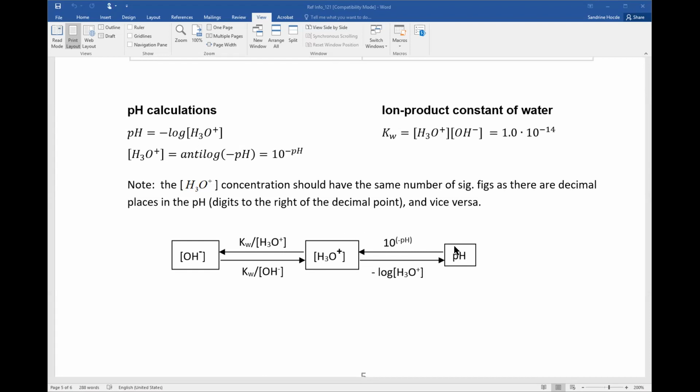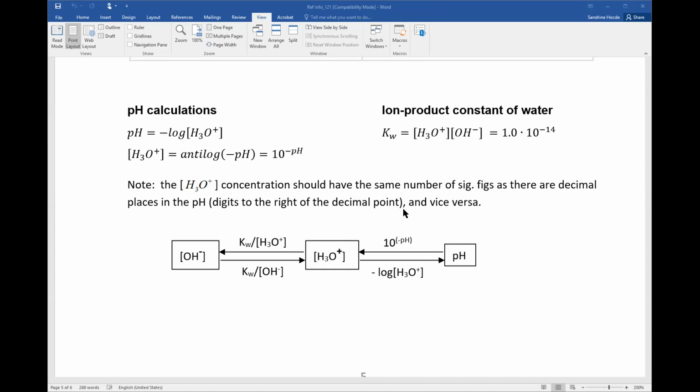If, on the contrary, you have the pH and you're looking for the H3O plus concentration, then you would use the 10 to the negative pH formula, or the anti-log of negative pH. So be careful here. The pH should have a negative sign in front when you use this formula, right? And it is important to note here that the concentration of H3O plus should have the same number of significant figures as there are decimal places in the pH. Decimal places are digits to the right of the decimal point.